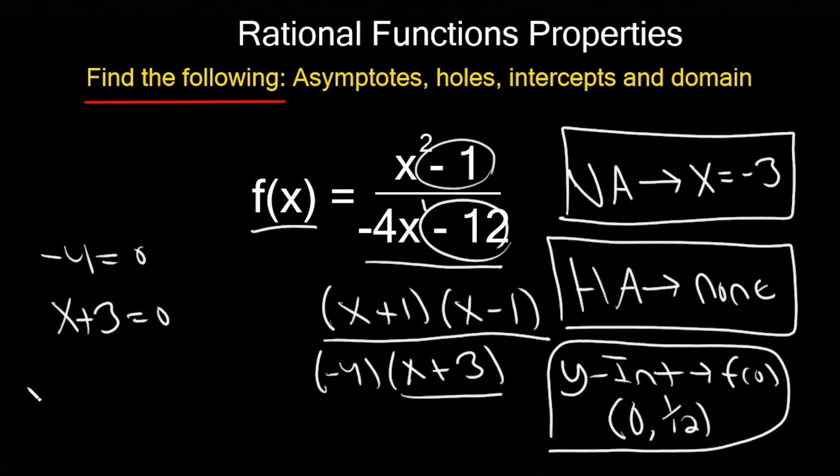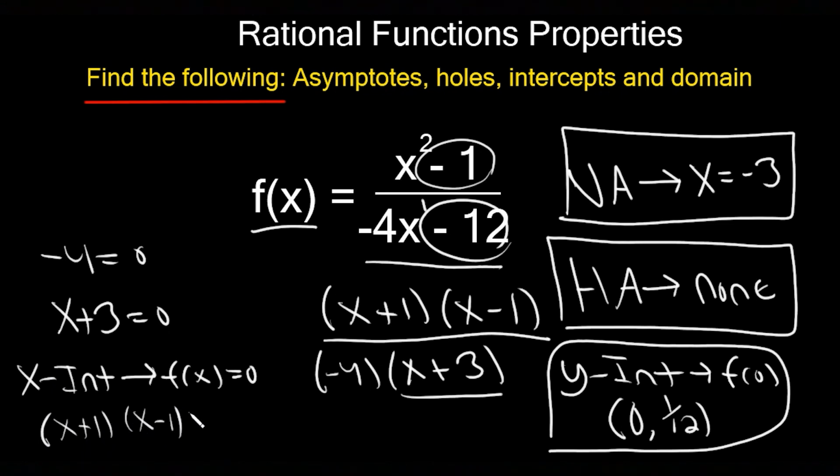Okay, so again, to find the x-intercept, we're going to make the y 0. So for us, that's going to be f of x equal to 0. And again, we talked about how the denominator will drop out. That will leave me with x squared minus 1, which we know is x plus 1 and x minus 1. So you get x plus 1, x minus 1 equal to 0.